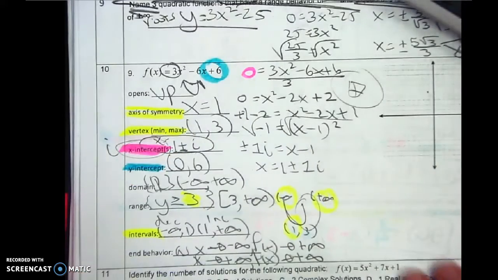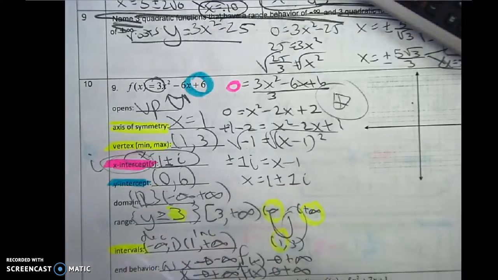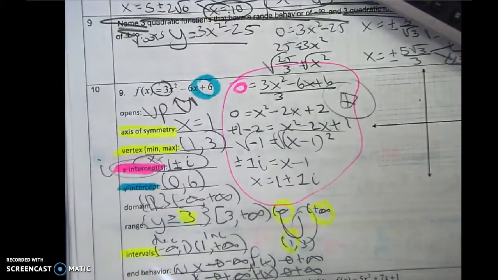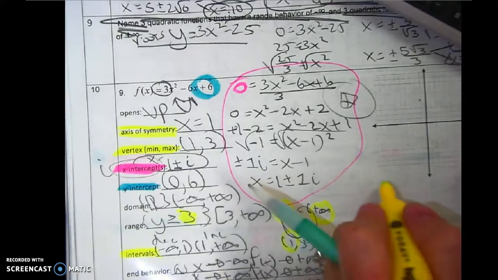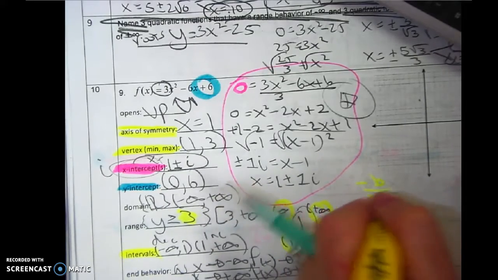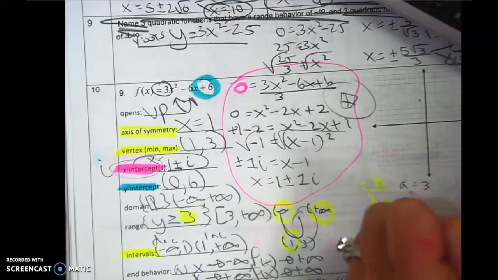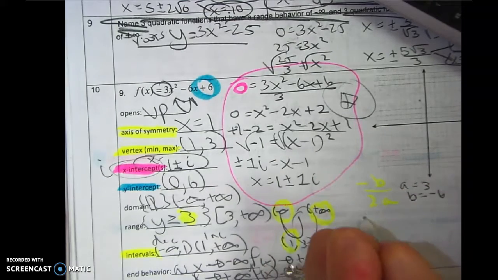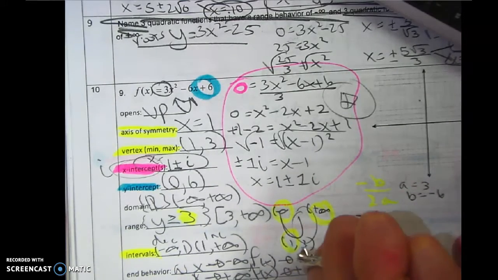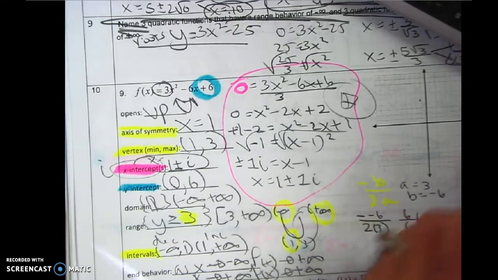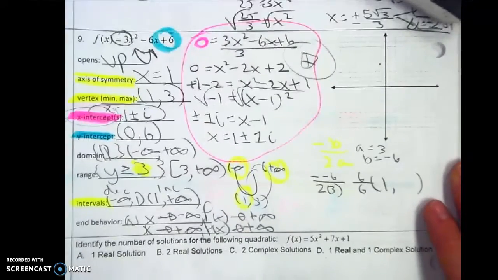Now, with that being said, I have to show my vertex. So all of this was related to my x-intercept. Now I'm going to do my vertex. Well, I remember the formula is negative b over 2 times a. So my a is 3, my b is negative 6. So negative b over 2 times a is 6 over 6, which is 1, which is what I got, but now I'm showing work.